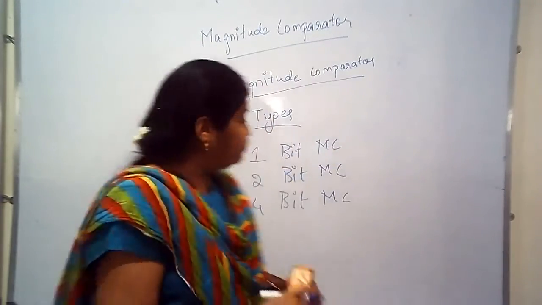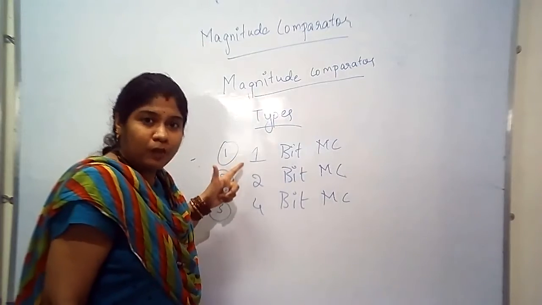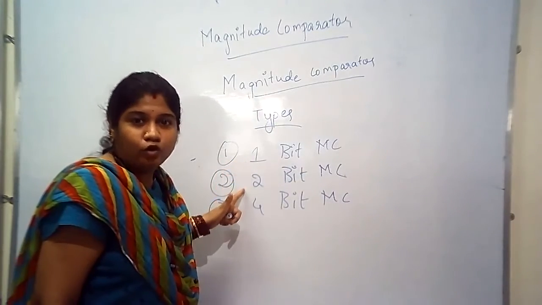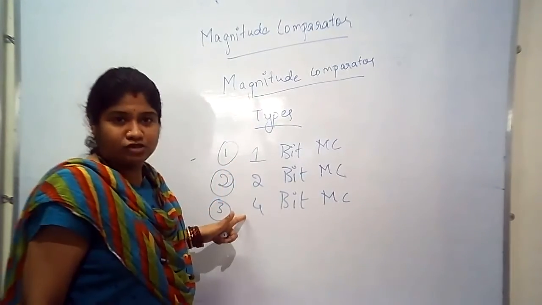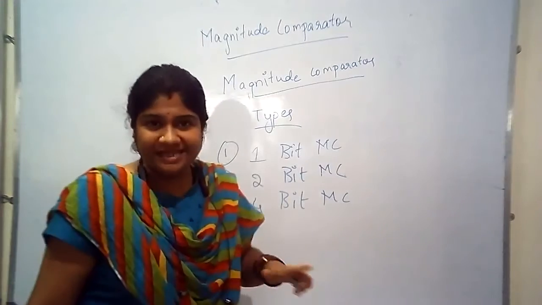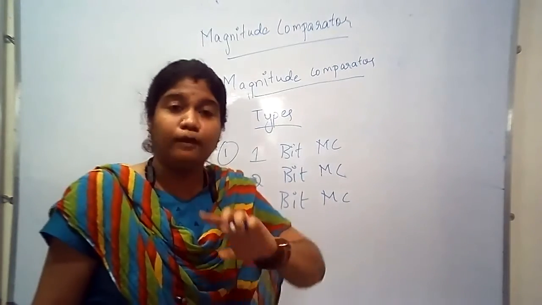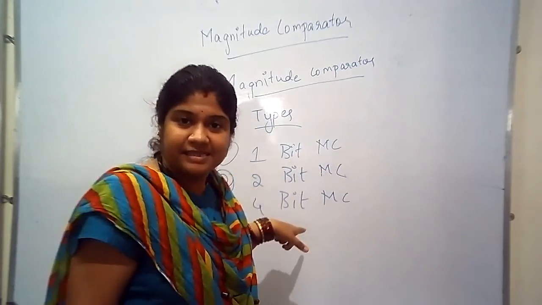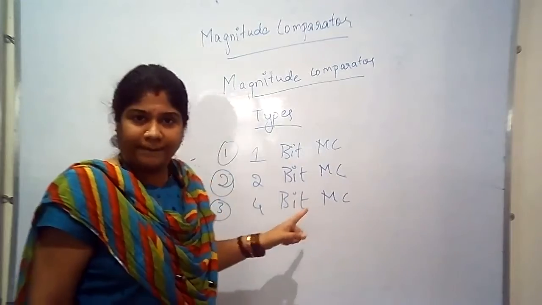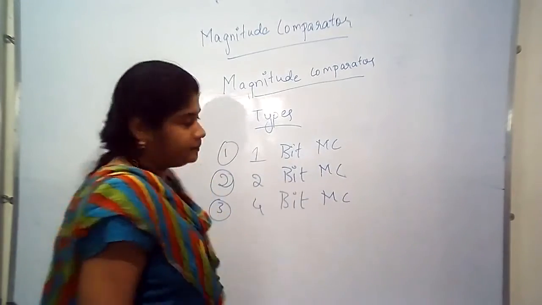Here we are going to use 1 bit of A and B, 2 bits of A and B, and 4 bits of A and B. In today's class, I will be covering the block diagrams of these three magnitude comparators, going one by one.